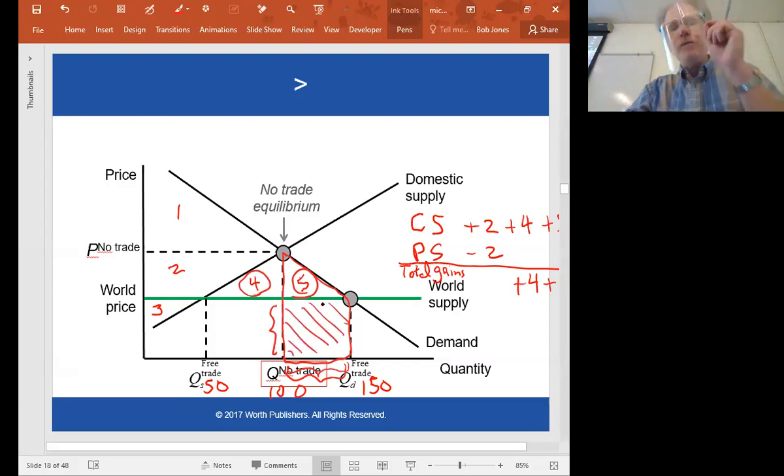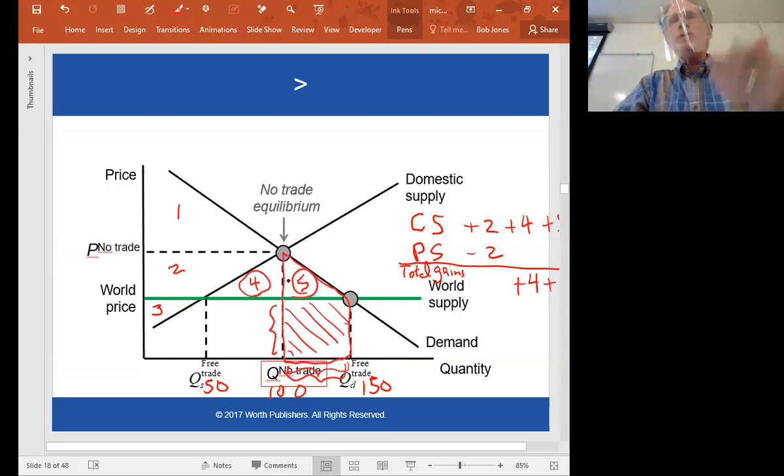So because of the ability to trade with other countries, consumers are getting an extra 50 million units of this product. They would be willing to pay all of this. They only have to pay this much. So area 5 represents additional consumer surplus.